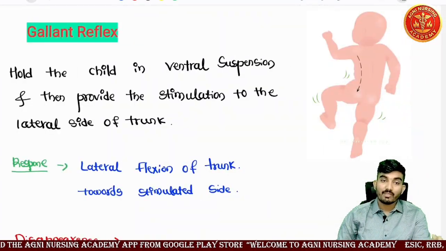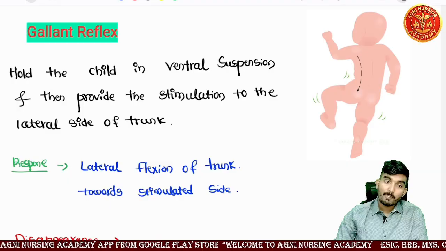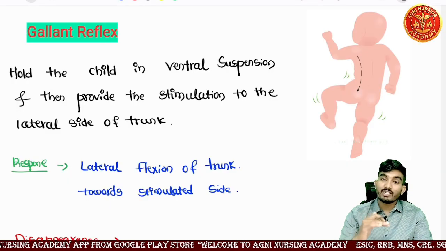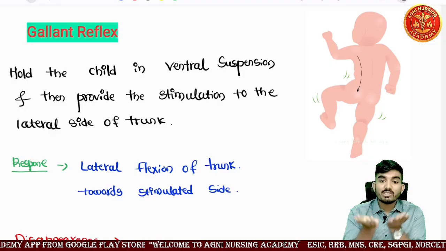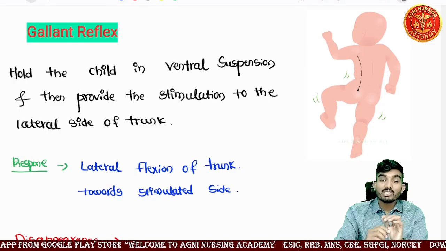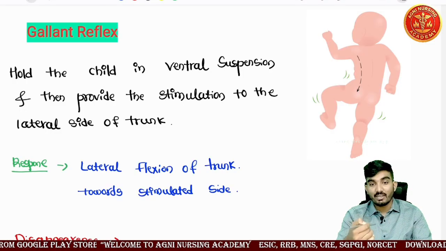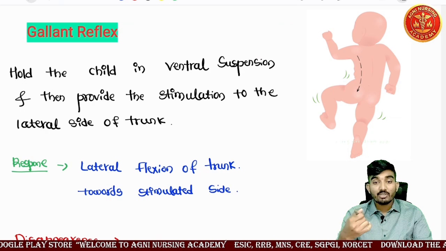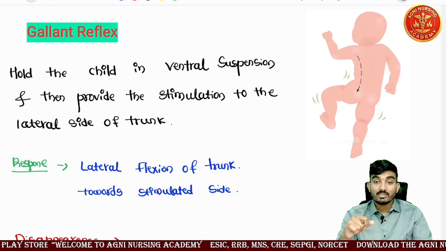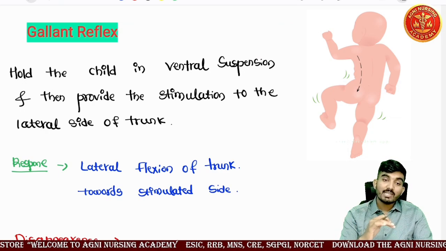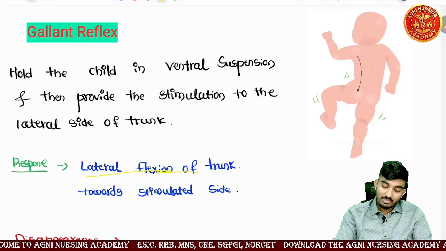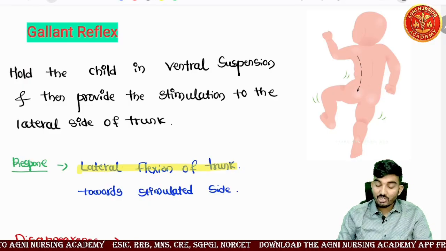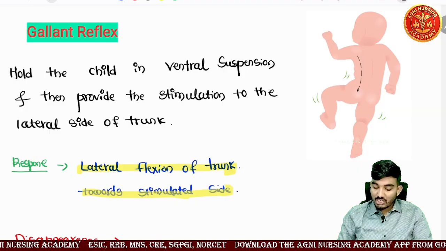I will explain. For the Gallant reflex, we hold the child in ventral suspension, meaning from the prone position we hold the child and give a stimulus to the lateral side of the trunk. When we stimulate the lateral side of the trunk, the child does lateral flexion of the trunk towards the stimulated side.